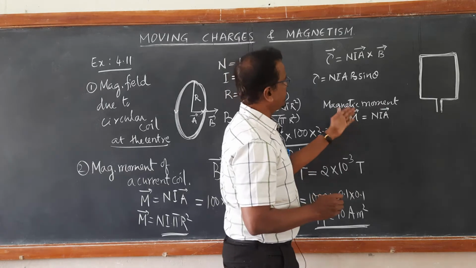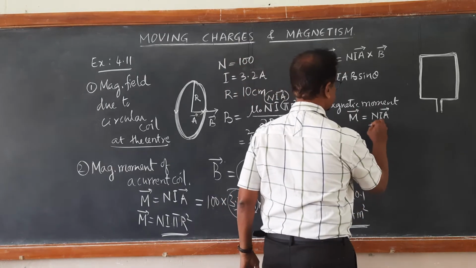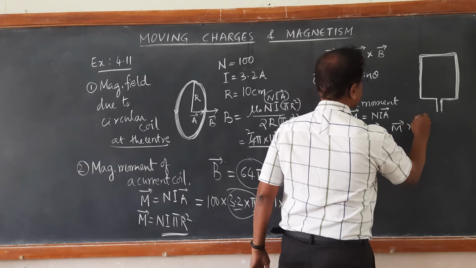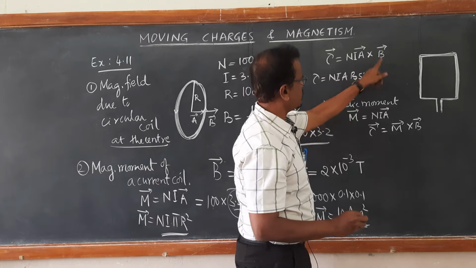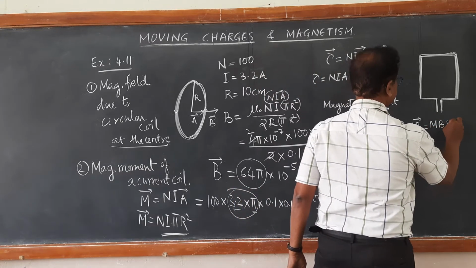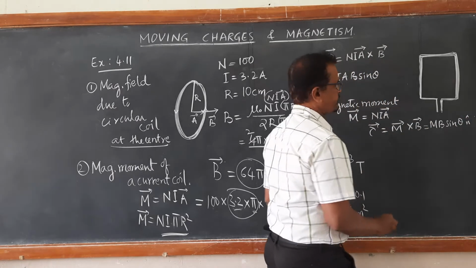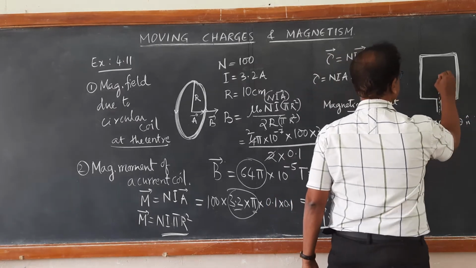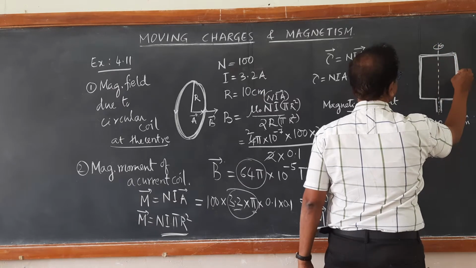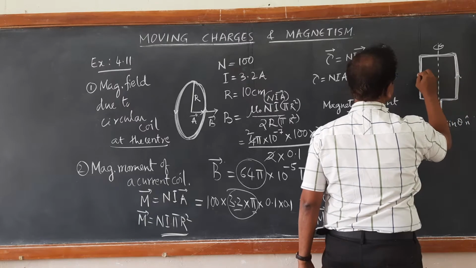So if the magnetic moment is denoted by NIA, the same torque can now be written as M cross B, which can be written as MB sin theta into n cap. The coil tends to rotate about an axis with some angular velocity omega if the current is in the anticlockwise sense.